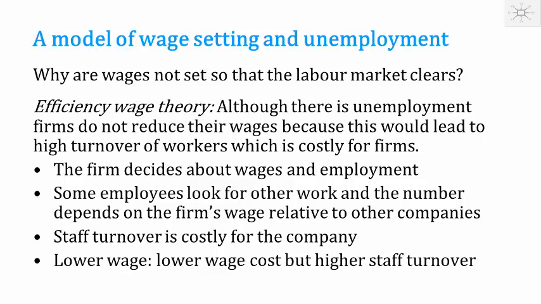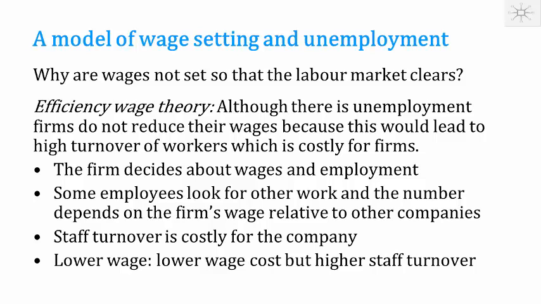If a worker quits, you have to find a new worker, you have to train a new worker, and there may also be some disruptions in production. So therefore, the idea is that although there is unemployment, the firms may not want to reduce the wages to the point where supply equals demand.